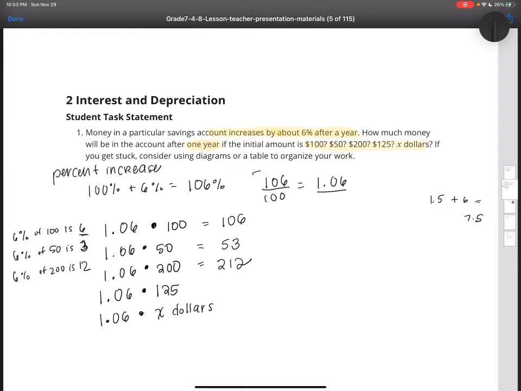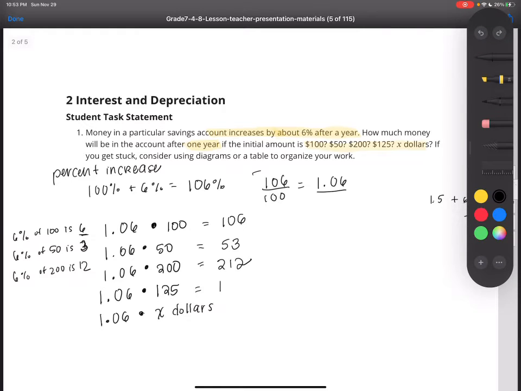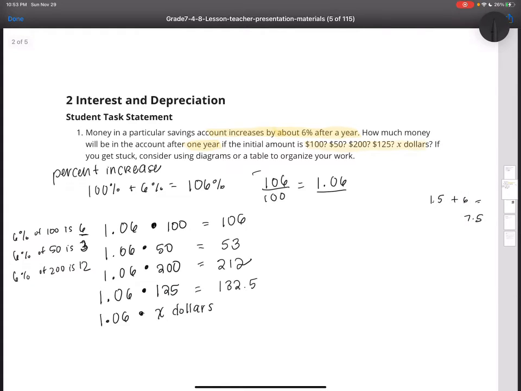I added my two outcomes and I got 7.5, which means that this will be 7.5 plus 125, which will be 132.50. And what I did, I added 125 plus 7.5, or 7 5/10. Okay.